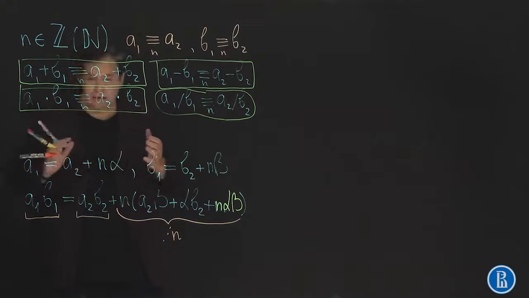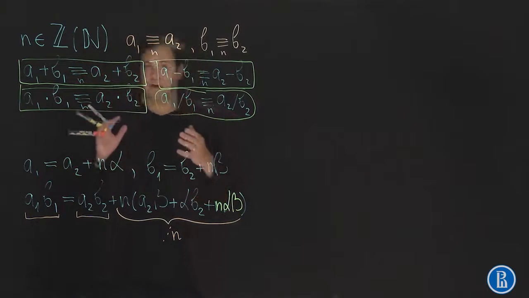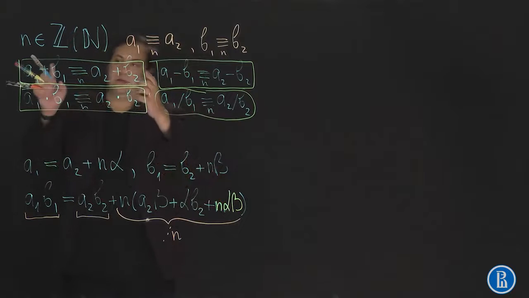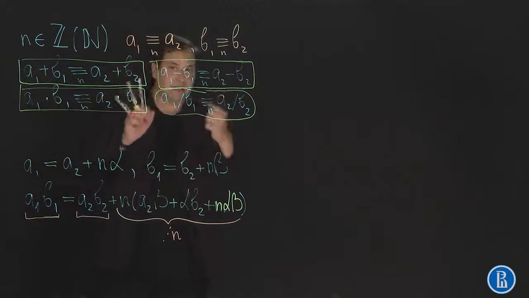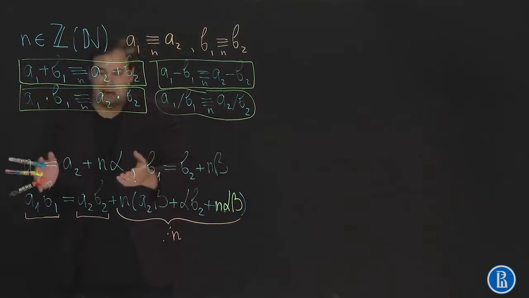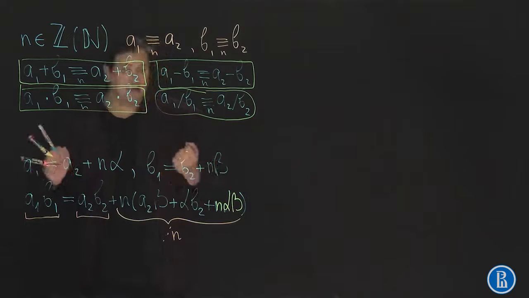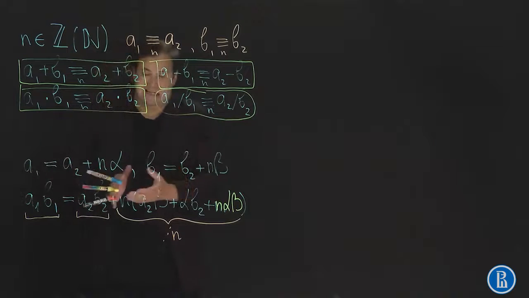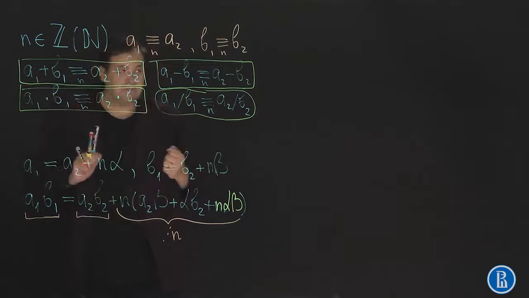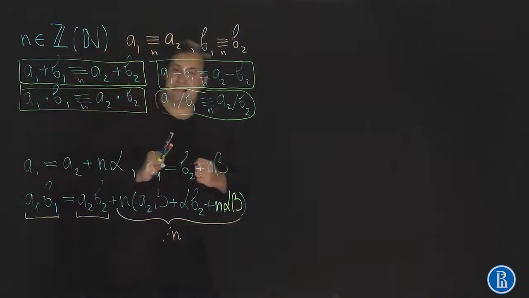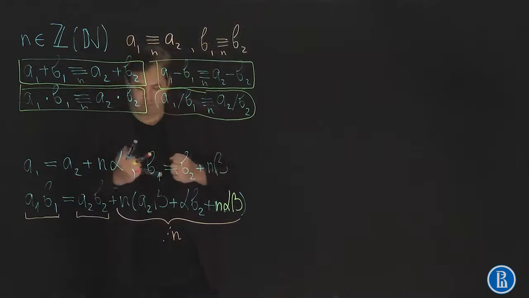Okay, so in order to prove properties concerning addition and subtraction, just use the same representation of a1 and b1 and conduct these operations. Now let's discuss the division.